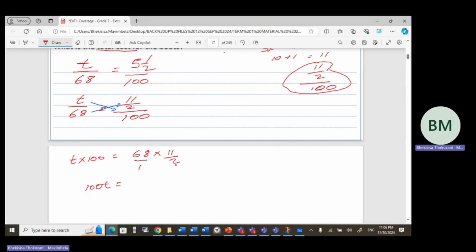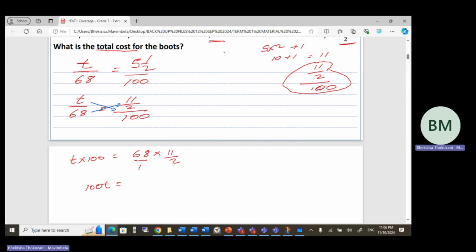We can simplify 2 into 68 to make life easier for ourselves. 68 divided by 2 should give us something simple. So we have 68 divided by 2, which is the same as 60 divided by 2 and 8 divided by 2.